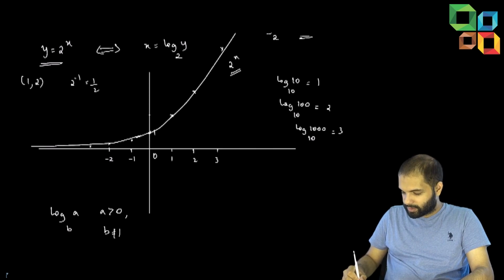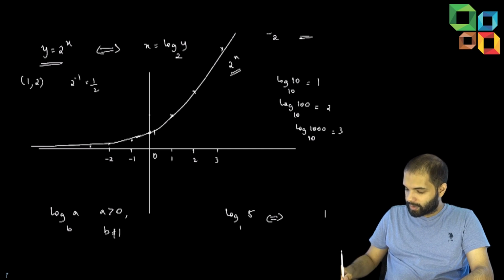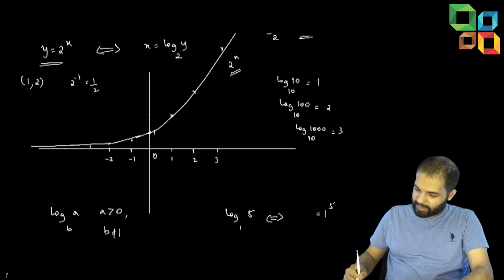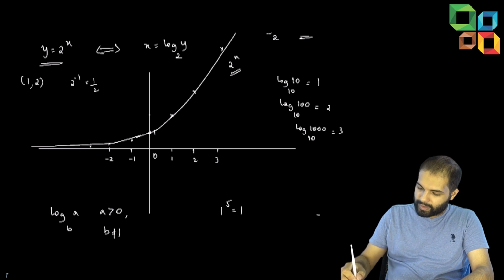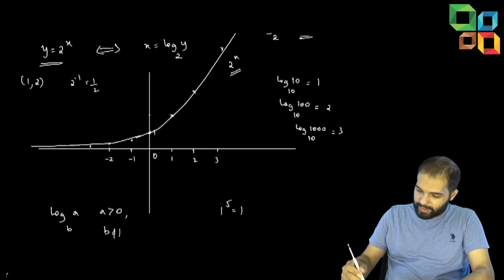Let me write the original definition first. 1 power, say, 5 is equal to 1, correct? Any number I take should be equal to 1.